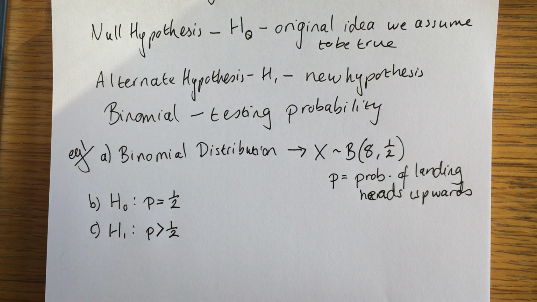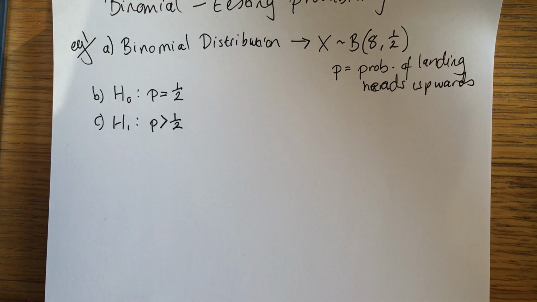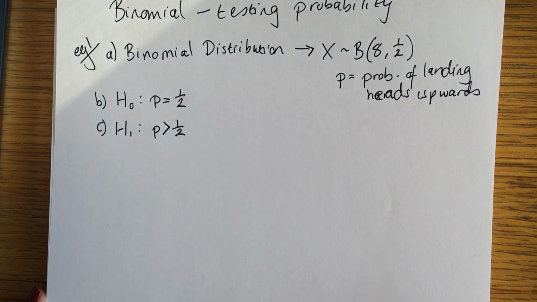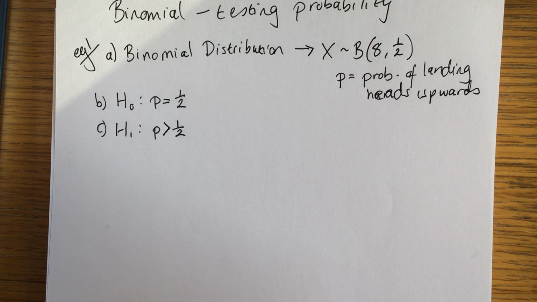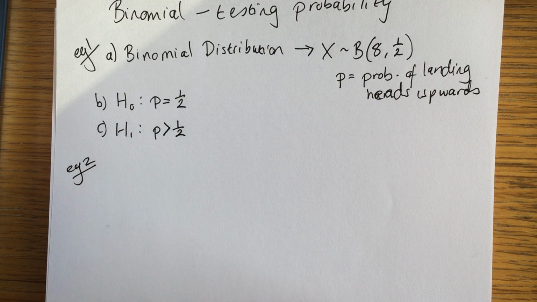So now we're going to look at a bit more in context how we might look at what a null and alternate hypothesis is and how we would describe the condition with which we would reject the null hypothesis. So an election candidate believes she has the support of 40% of the residents in a particular town.